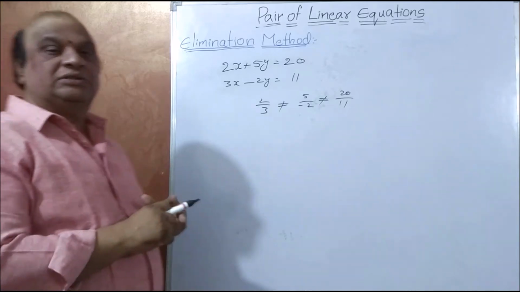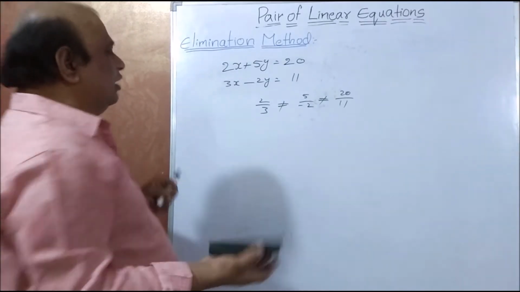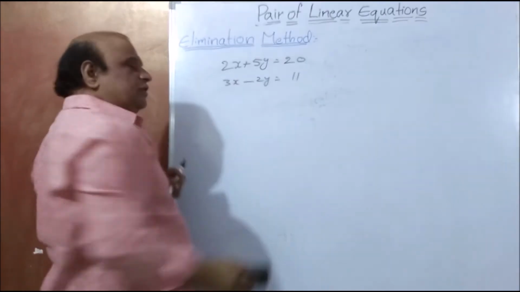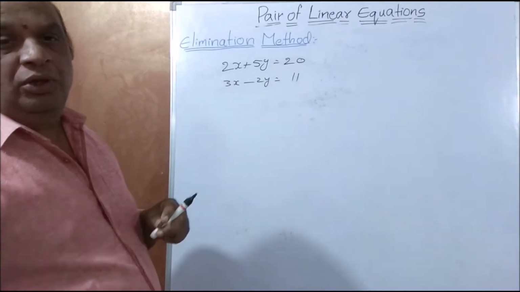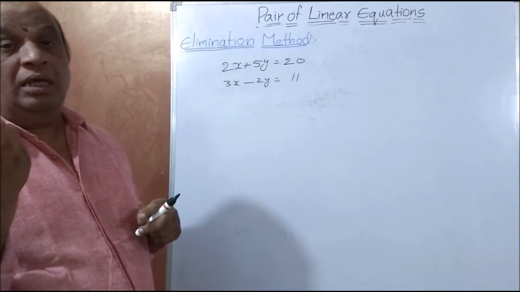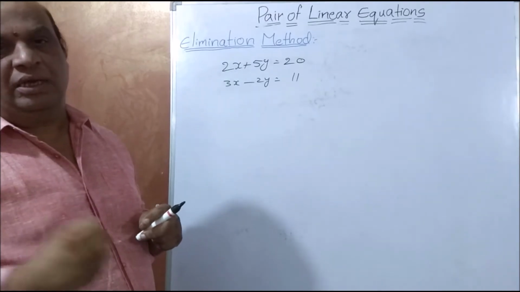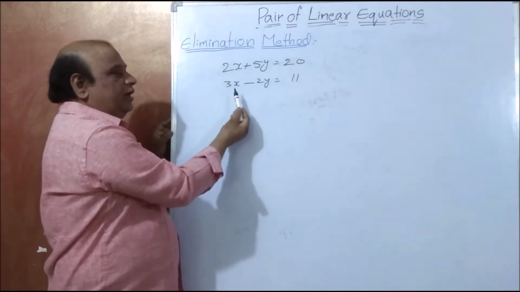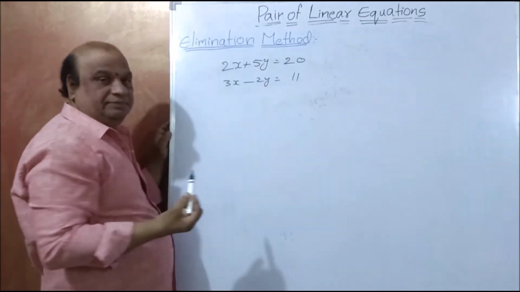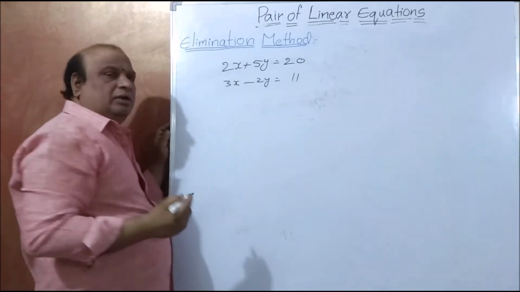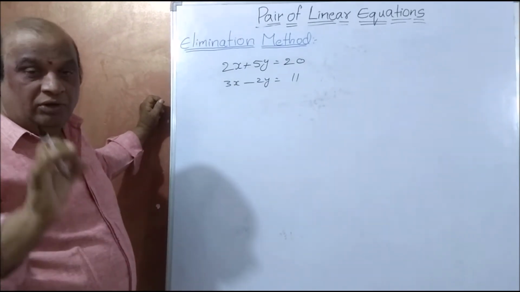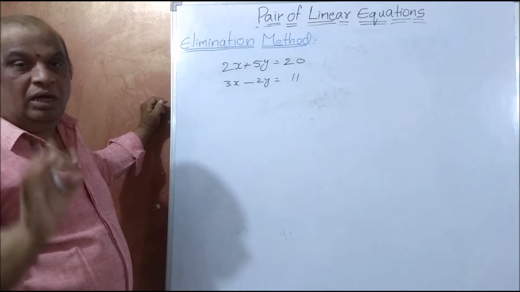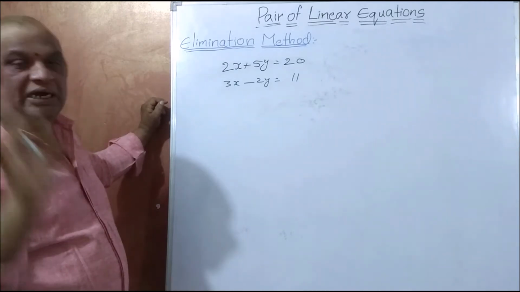So by using this elimination method, how to solve these equations? My dear students, in each and every method, you have to understand the logic. What is the logic here? Here 2x plus 5y is equal to 20, 3x minus 2y is equal to 11. First of all, we have to decide: one variable should be deleted or cancelled.